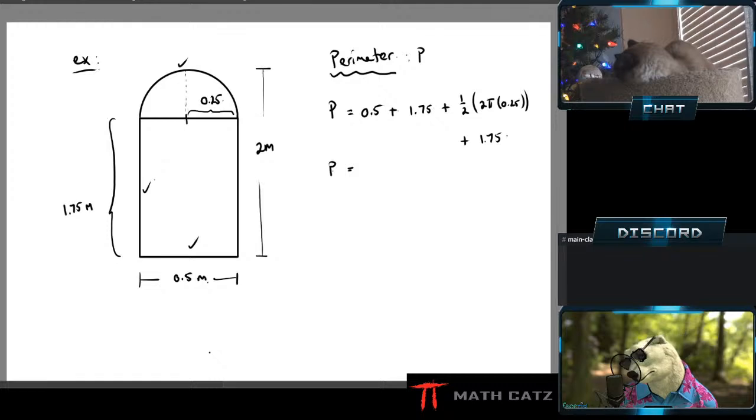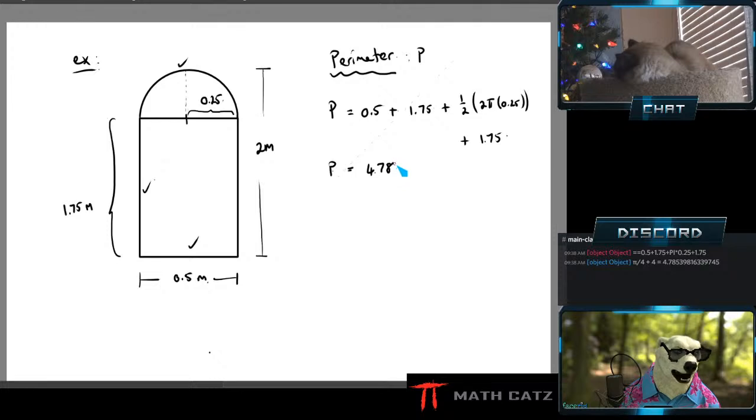The half and the 2 cancel, so I have pi times 0.25. Let's get 4.7854, and that's done.